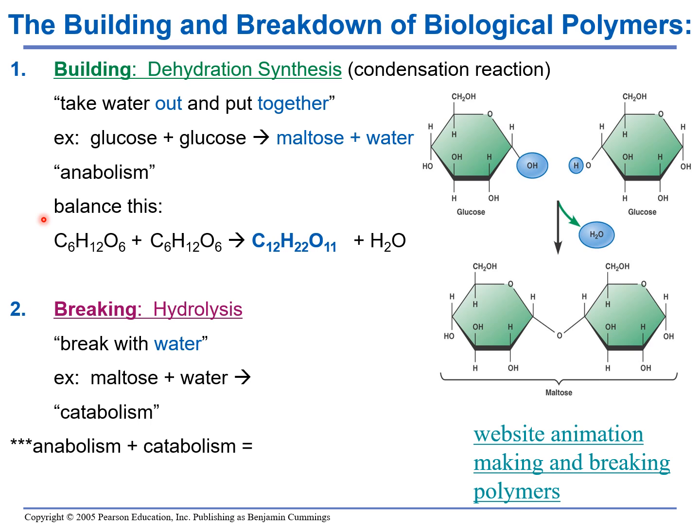This is a reaction in which the maltose breaks into two molecules, and that would result in glucose. So the anabolism plus catabolism is equal to metabolism. So we will be learning about metabolism in the future in more detail.